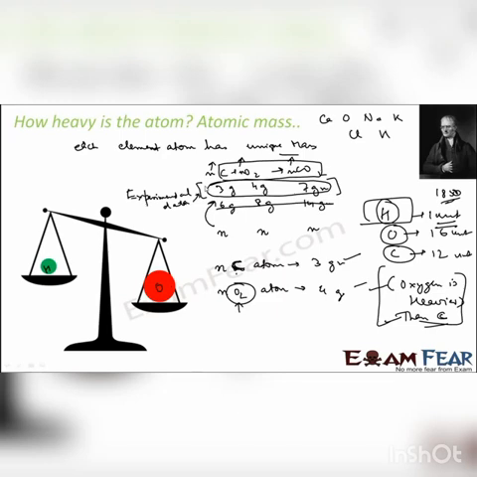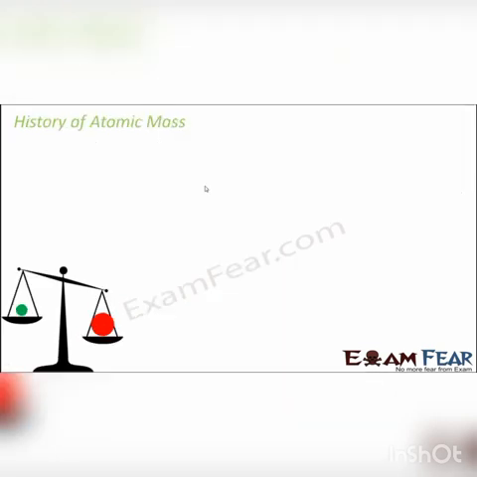Okay, so let's see the history of atomic mass. In 1803, John Dalton coined the term atomic mass. The term was not there before; he was the one who gave it.